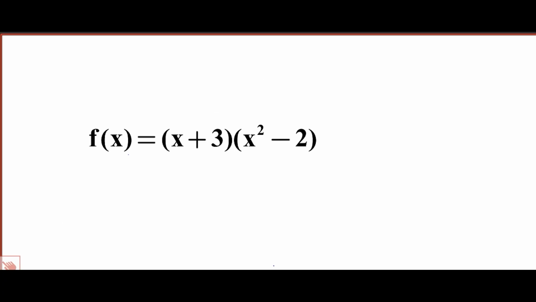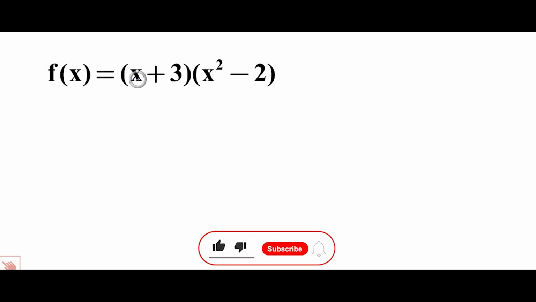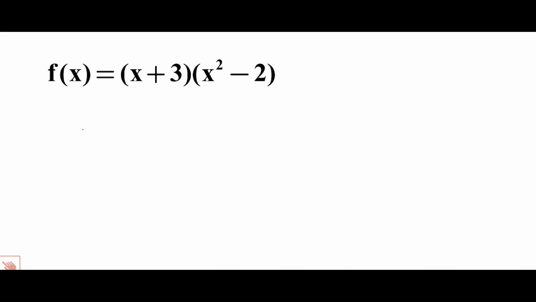Okay? For example, f of x is equal to x plus 3 times x squared minus 2. So the first function times the second function, we'll use the product rule. So f prime of x is equal to the first function as is, x plus 3, times the derivative of the second function, it's the power rule.